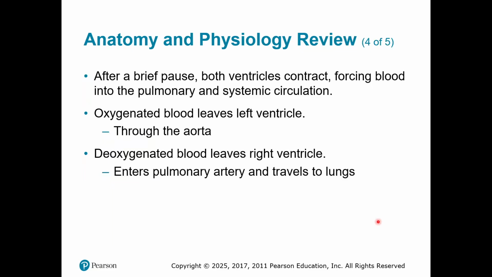After a brief pause, these ventricles contract. They force blood into the pulmonary and systemic circulation. Oxygenated blood leaves the left ventricle through the aortic valve and then through the aorta. Deoxygenated blood leaves the right ventricle, and then there's the pulmonary artery, and then of course it goes to the lungs for oxygenation.